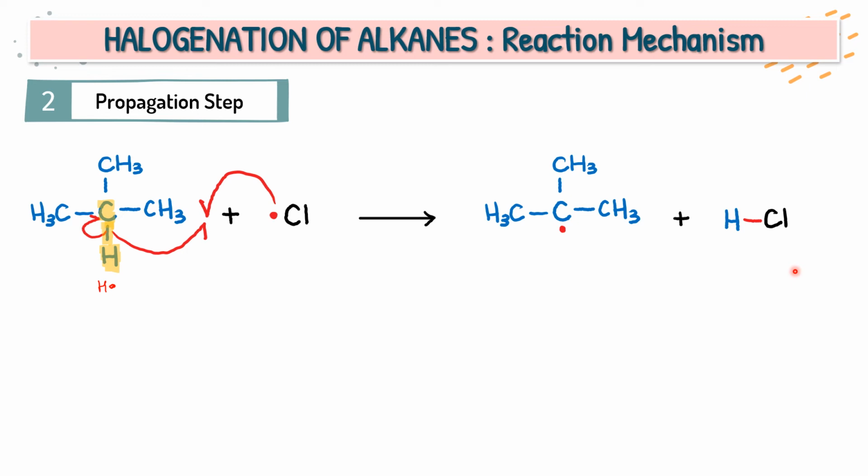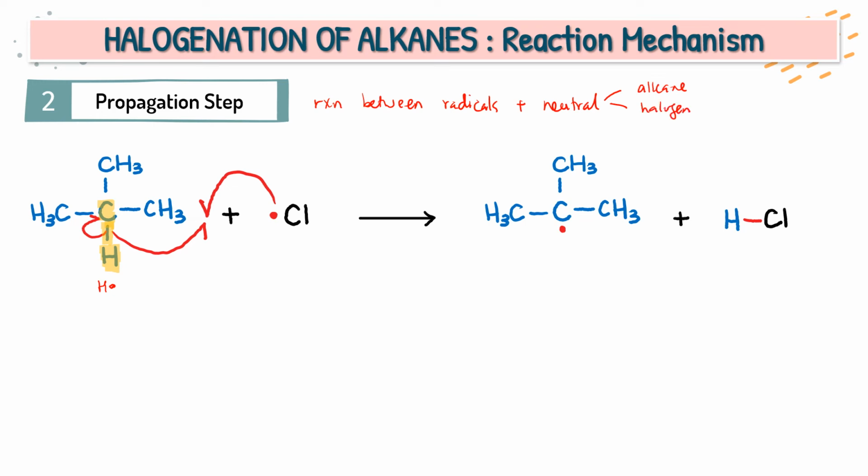Untuk equation yang kedua, masih lagi dalam propagation step, apa yang berlaku adalah, okay, propagation step ni, senang cerita, dia adalah reaction between radicals dengan neutral compound. Okay, so kena ingat neutral compound kita ada dua. Kita ada alkane dan kita ada halogen.